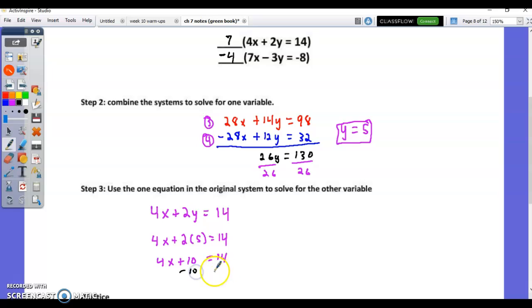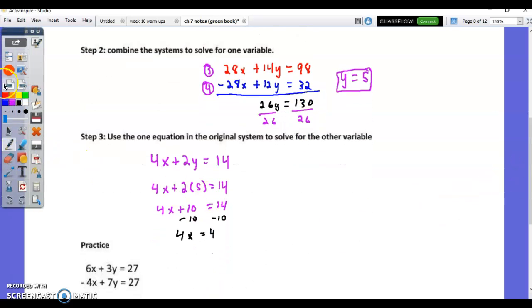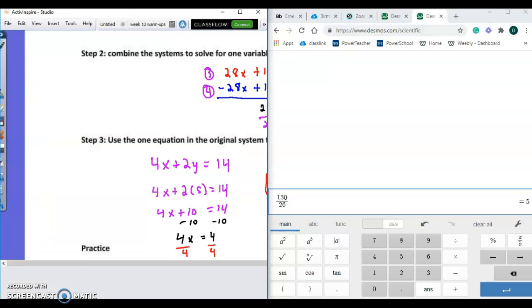Minus 10 from both sides. 4x equals 4. We divide by 4. And we have x equals 1. And there's my ordered pair, 1, 5.